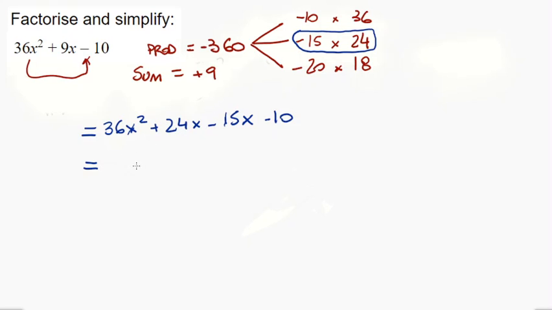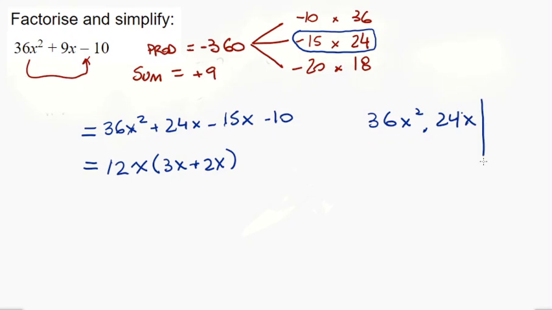So now, 36x squared and 24x. Obviously I've got an x, which is a common factor, and 36 is 12 times 3, and 24 is 12 times 2. So I've got 12x, and this is 3x, and this is 2. If you ever forget how to factorize both numbers, we've done that numerous times at the beginning of the year.